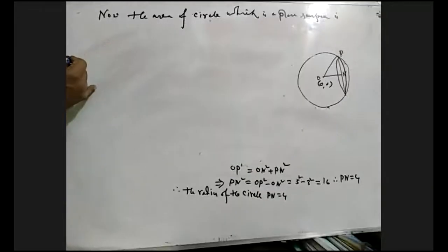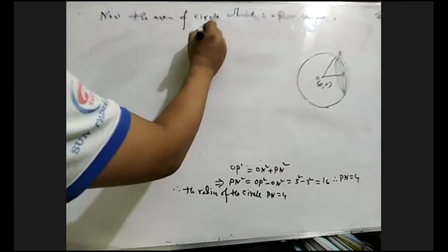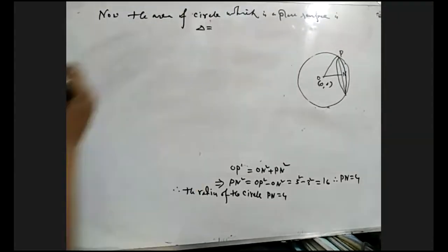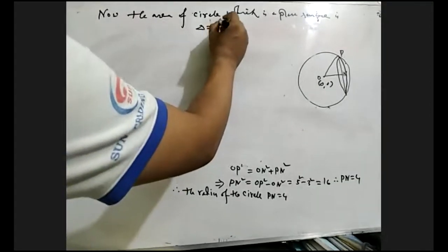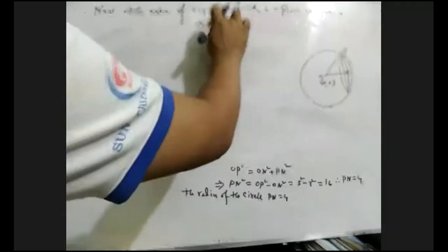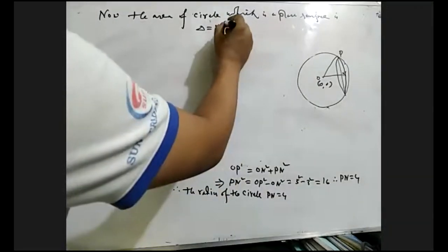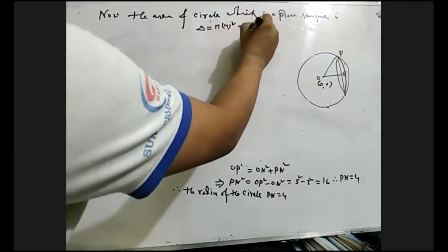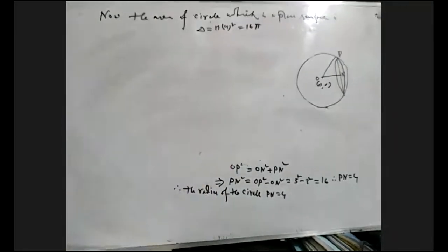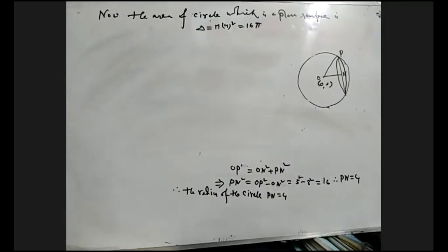Suppose this area is del. So what will this area be? Pi r square formula, pi radius square. The radius is 4, so 16 pi is the area of that circle.